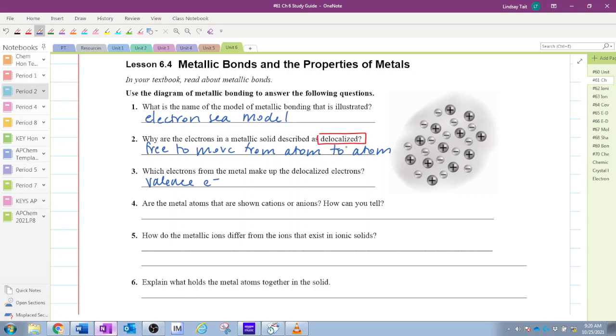Those are delocalized electrons. In an ionic bond, electrons were transferred, and it happened, and then it was done. There was no going back. The electrons went one direction from the metal to the nonmetal, and then that was the end of the story.